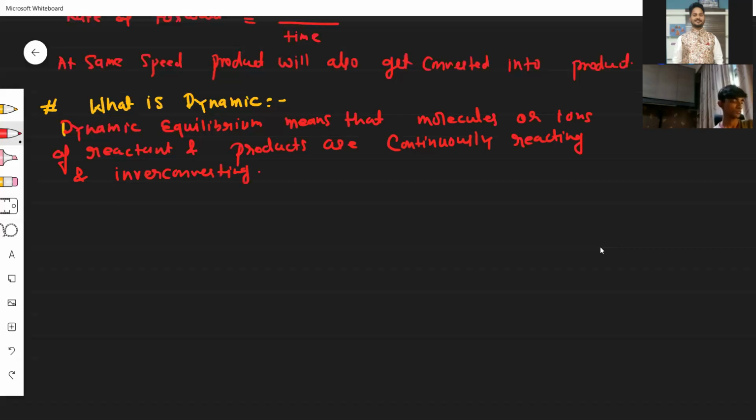So that is the meaning of dynamic. In dynamic equilibrium, molecules or ions of reactant and products are continuously reacting and interconverting in each other.